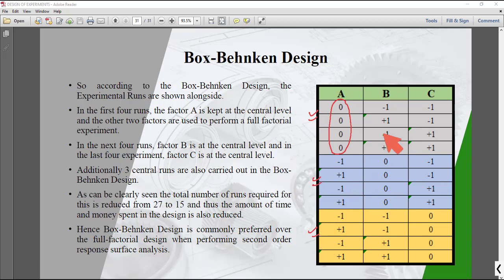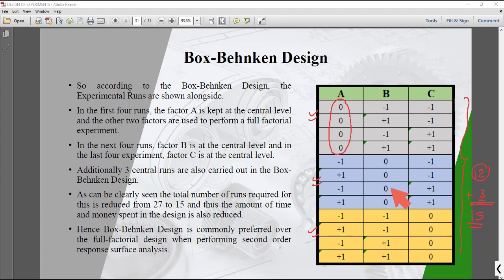So how many total number of experimental runs are required? 12 over here, plus Box-Behnken says that we should do 3 central runs. So 12 runs of the Box-Behnken design, plus 3 central runs. What is the total number of experimental runs that we are performing? Total number of experimental runs that we are performing is 15.